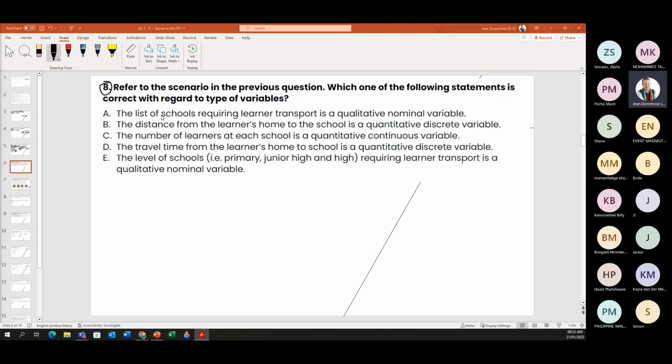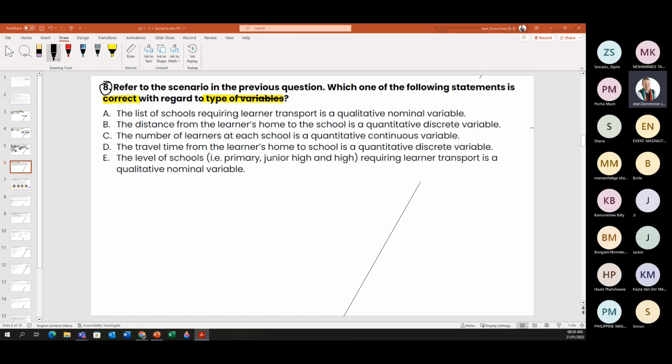Okay, so let's look at question 8. We're still into types of variables, and again, which statement is correct. Okay, so refer to the scenario in the previous question. I'm going to quickly check if I can bring that in, what they were talking about.